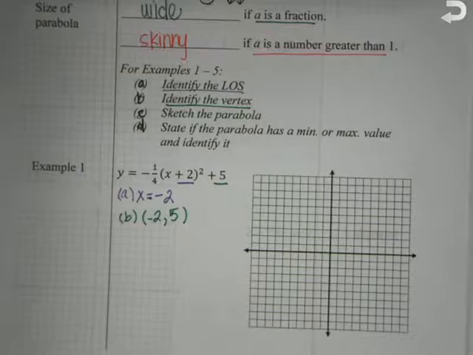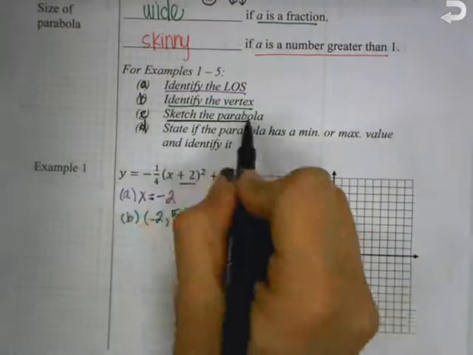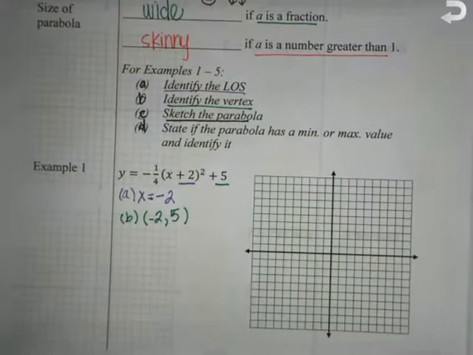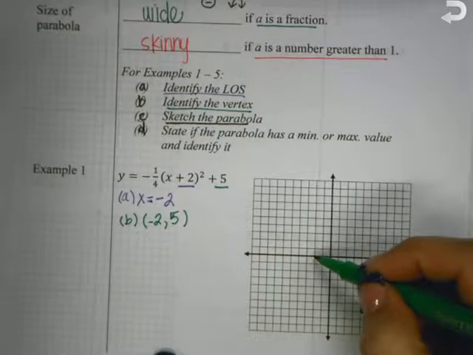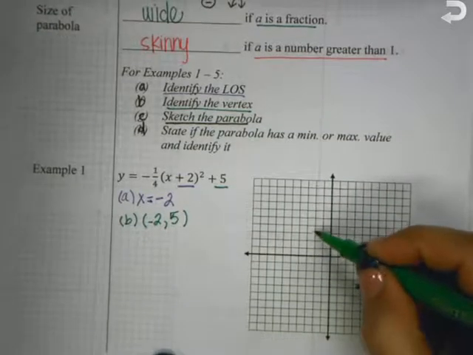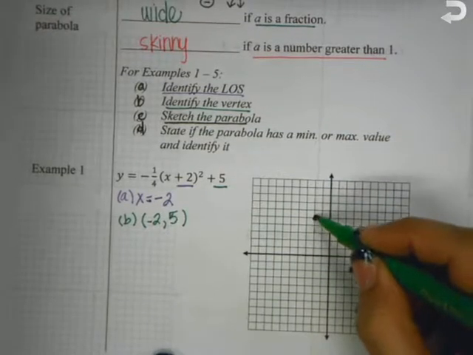Sketch the parabola, or C, thank you. Sketch the parabola. Okay, so we know where our vertex is, so let's plot it. It's at (-2, 5). 1, 2, 3, 4, 5. And I know that my line of symmetry goes straight through that.